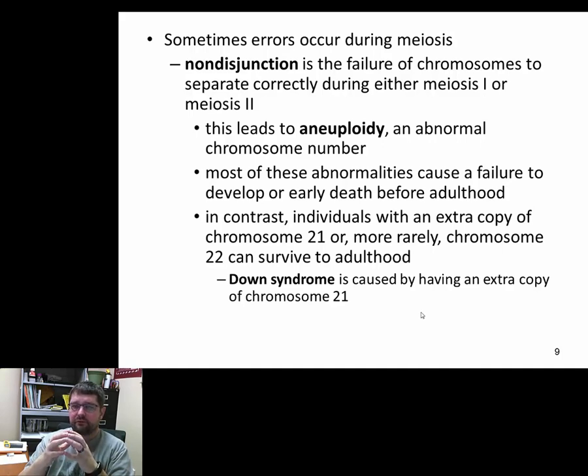The synapses between the homologous pairs become more tight, and they don't release, they don't break apart as a female gets older and older. And so as you age, the likelihood that nondisjunction occurs for chromosome number 21 increases, okay? And it increases drastically.